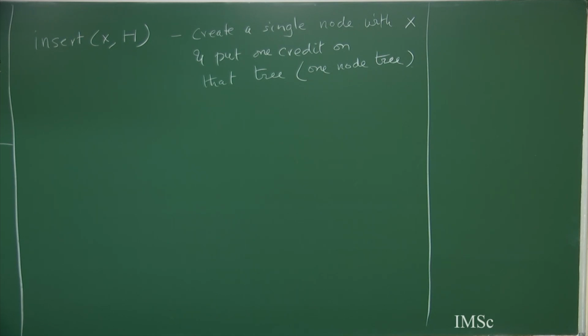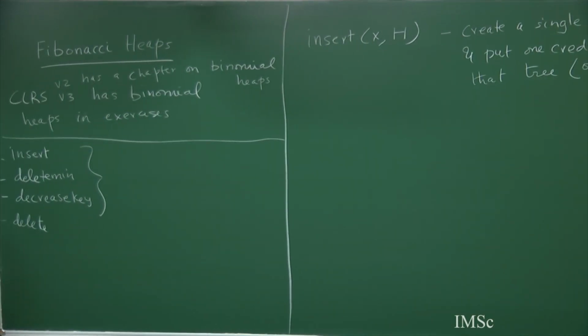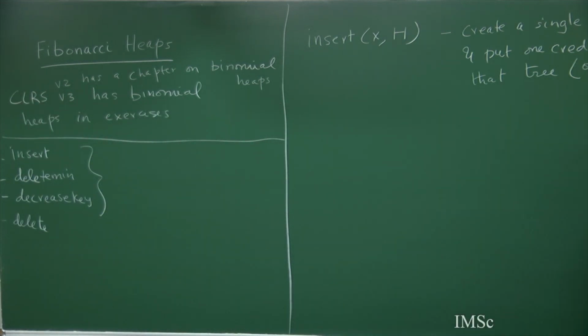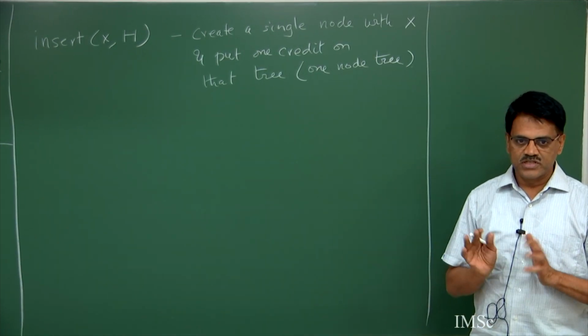So how much credit should it come with? It should have 1 unit to create that node and 1 unit to put a credit on that node. So it comes with 2. So its amortized complexity is 2. Okay. So we will come up with this credit argument and we'll argue that whenever some operation needs more time, it has enough credit on the data structure that it can use, and so things will work out.